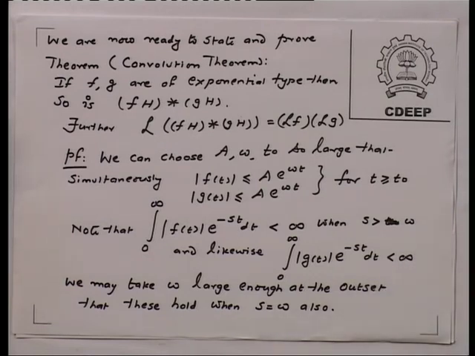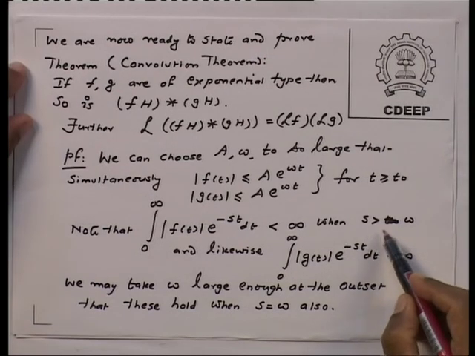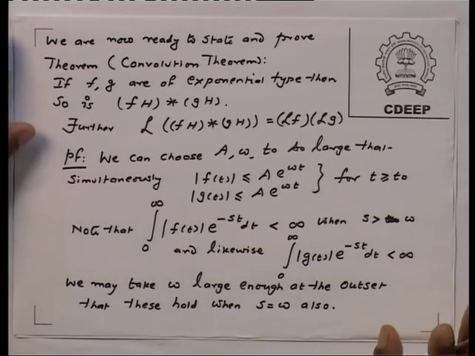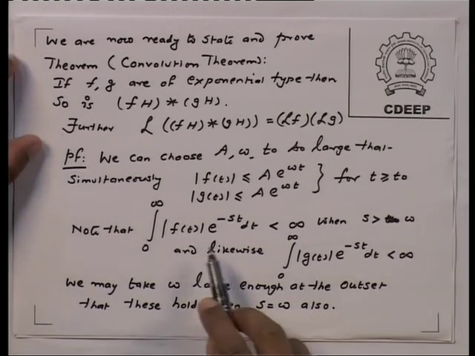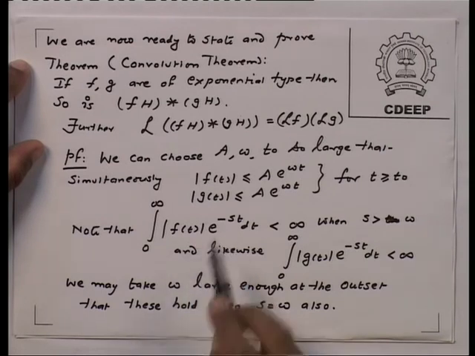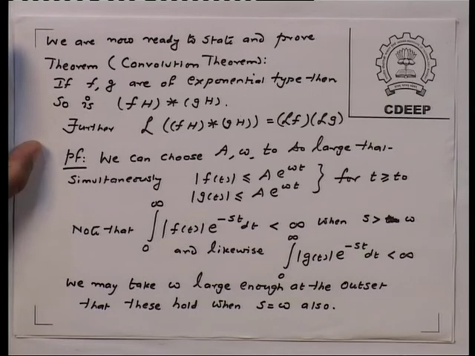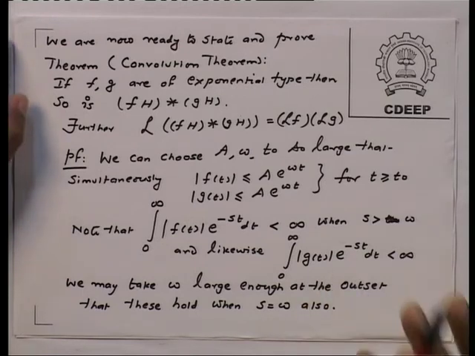So now we may take omega to be so large that this holds when s is greater than or equal to omega. Take a larger omega, and so I can assume that s equal to omega is allowed, because I am going to work with mod f t e to the power minus omega t and mod g t e to the power minus omega t. The omega can be taken so large that these two things converge, right.